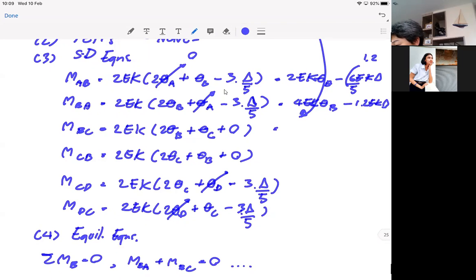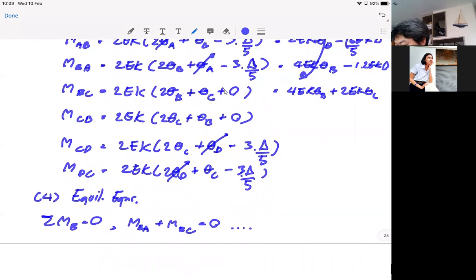And MBC, I have 4EK theta B plus 2EK theta C. All right, so MBA plus MBC, so that is 8EK theta B plus 2EK theta C minus 1.2 EK delta equal to 0.